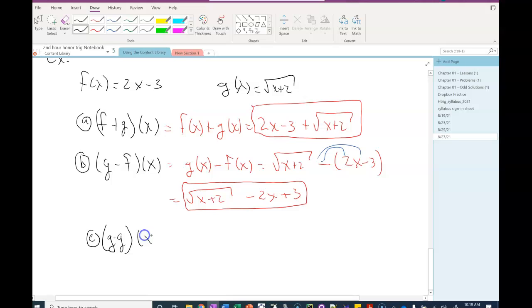So let's say we have g times g of x. Well, that's g of x times g of x. So what was g of x? That was the square root of x plus 2 times the square root of x plus 2.